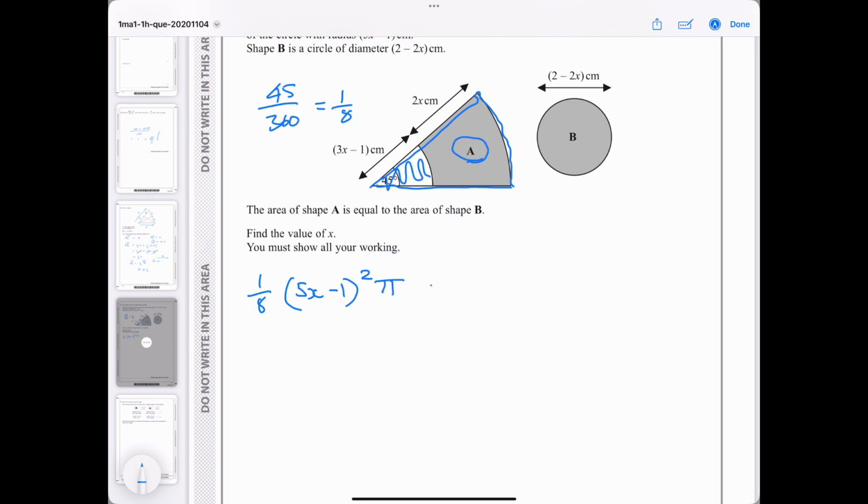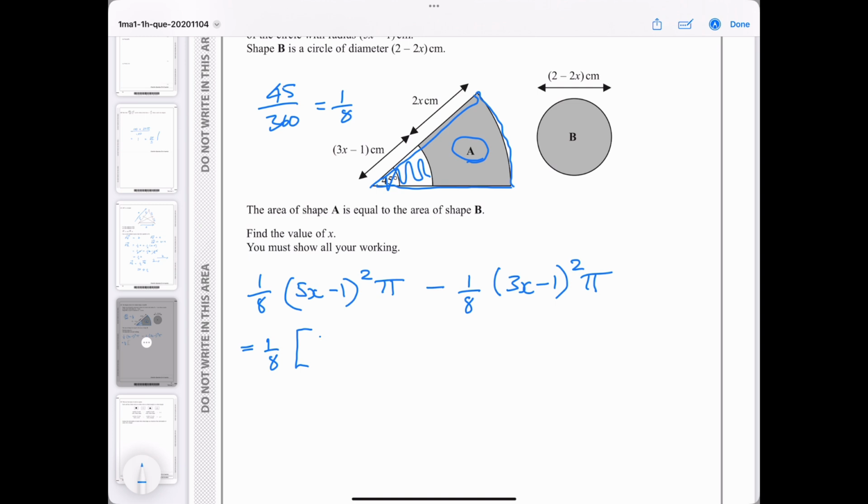We're going to get rid of that bit by going 1/8 times 3x minus 1 squared pi. So before I even bring in B, I'm just going to work on this. We can use pi at the end.